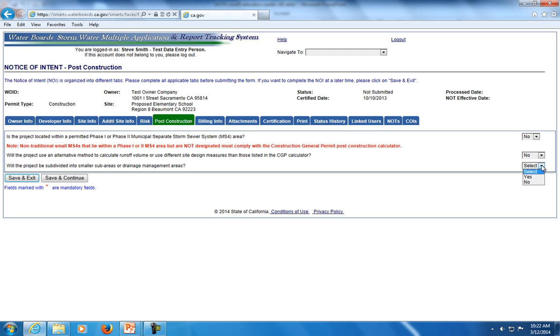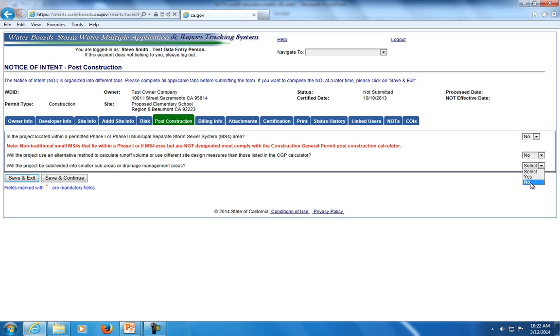But you do have the option. In fact, it's probably suggested that you mimic the drainage management areas that you've delineated for flood control. For a 10-acre project, you generally don't want to channel everything to the corner of the project. It's going to be much easier to manage runoff on a distributed basis and a smaller drainage management area basis.